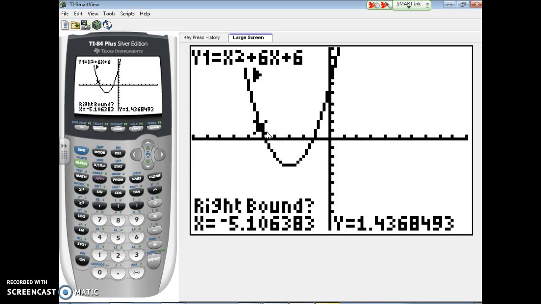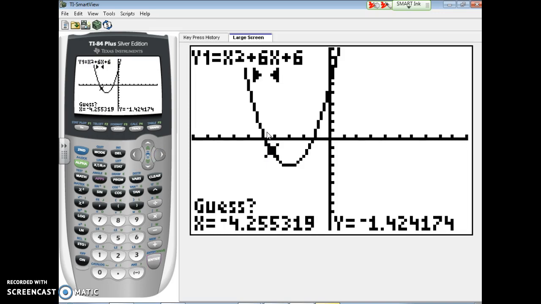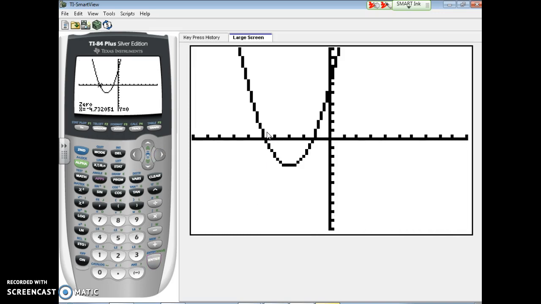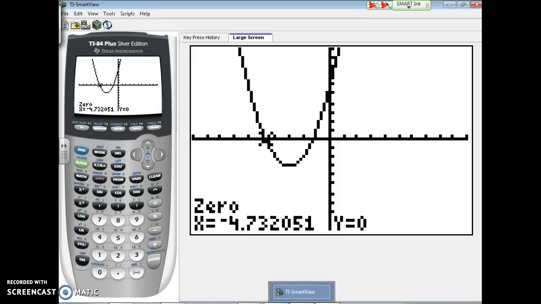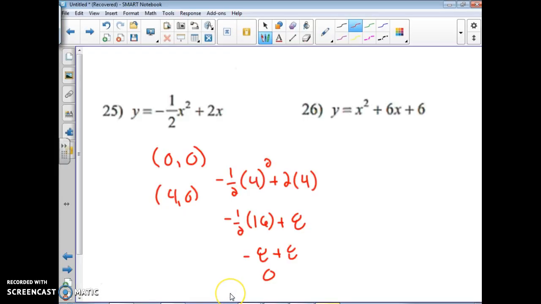I'm going to press enter, so it's to the left of it. And then I'm going to go underneath the curve, press enter again. And then it tells me that my 0 is at negative 4.730.